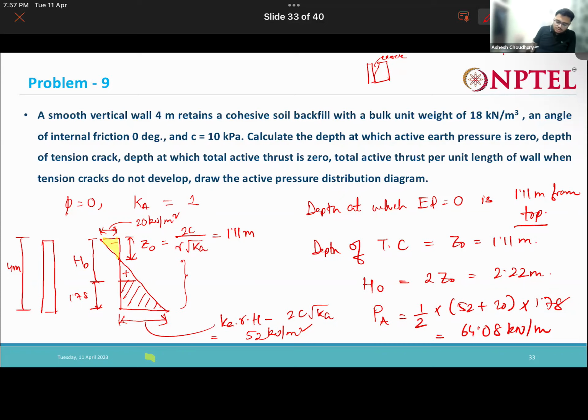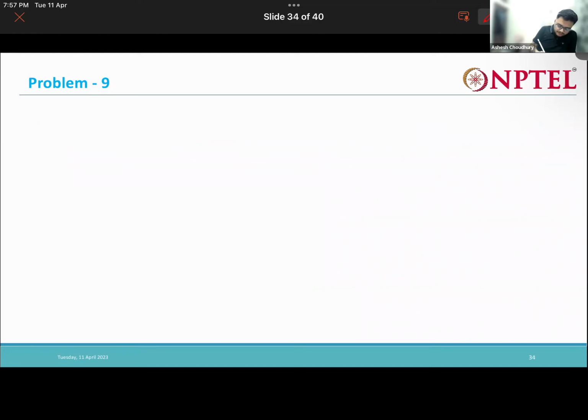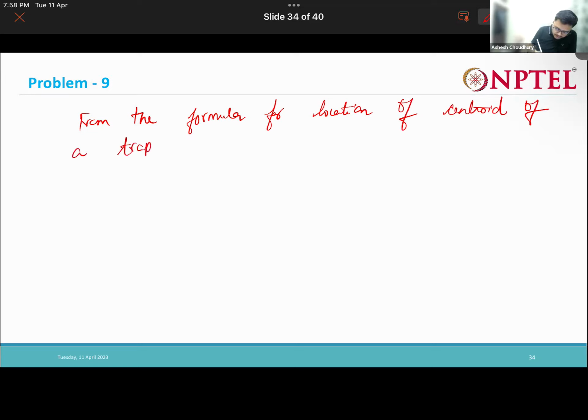You use the formula for the location of the centroid of a trapezium.